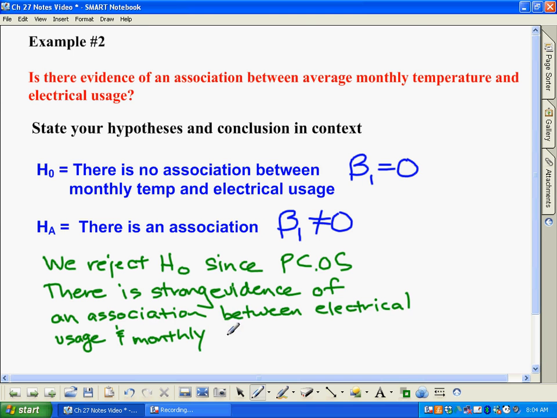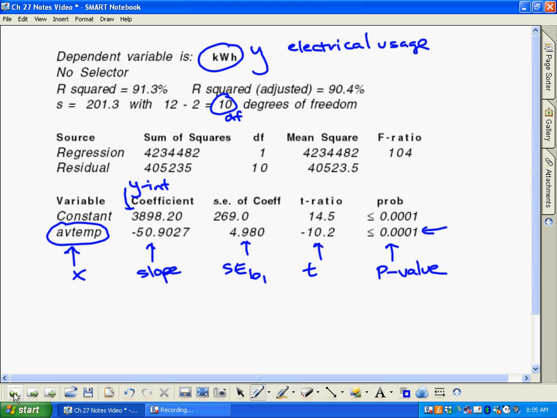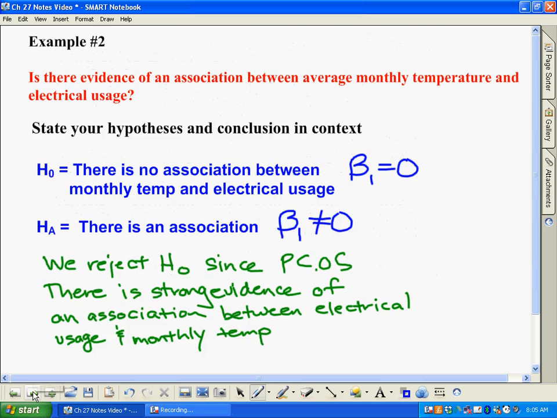That's that. The other part of this is to actually be able to do a confidence interval. As we discussed earlier, if we actually have data, we have to do more calculations. But what's nice about the table is that we know the slope, the standard error, and the degrees of freedom. That's all stated for us, so we can use that information to do our confidence interval.